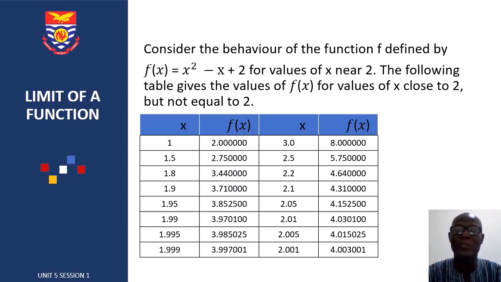And when it approaches 2 from the right, that is 2.001, the function gives 4.003001. Then we can see that the function is as close as 4. Let's see what happens in the next slide.